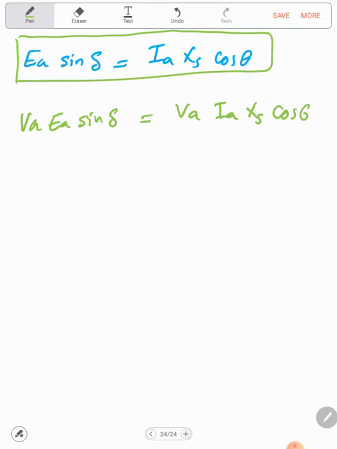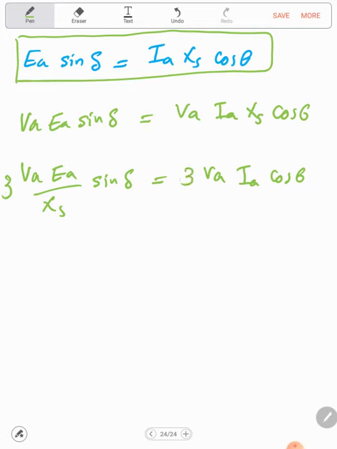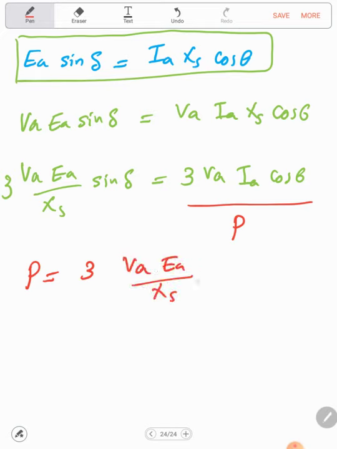If we divide by the synchronous reactance, this will be VA EA over XS sine delta is equal to VA IA cosine theta. If we multiply here by 3, this is actually the power. So the power will equal 3 VA EA over XS sine delta.